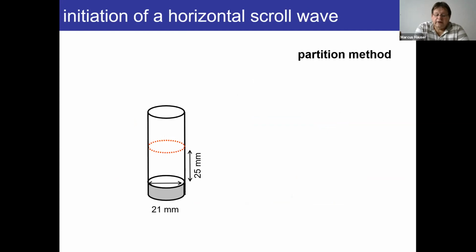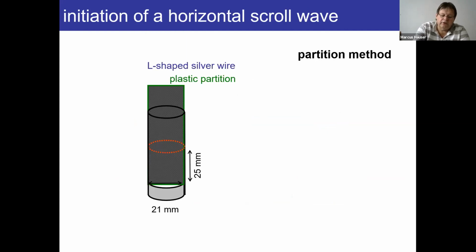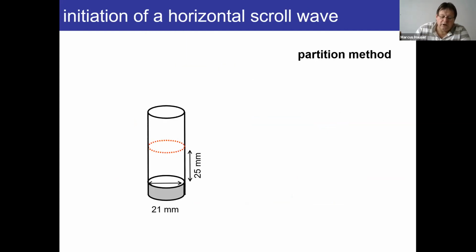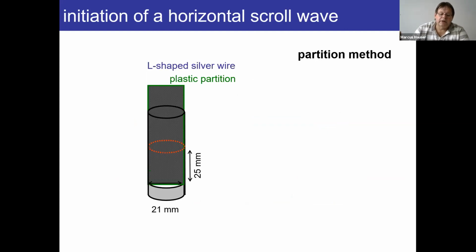The way of starting this kind of 3-dimensional scrolls is that we have first a reactor where we have the BZ reaction, which is just excitable. We insert a partition screen and then an L-shaped silver wire, which we just put there, and the silver wire starts the reaction.